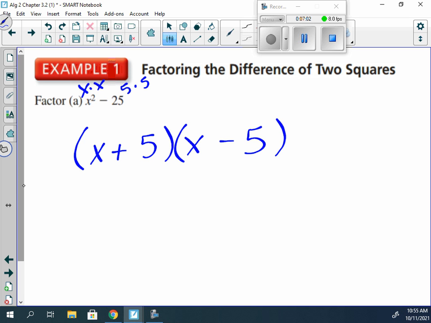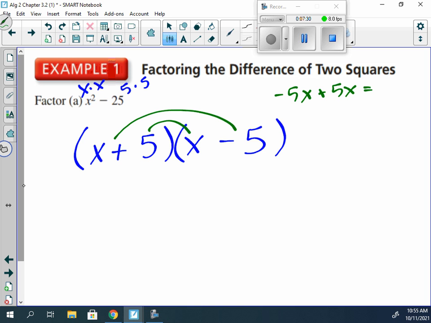And the reason they make this one special is because the terms in both of them are going to be the exact same. We're going to have x and 5, x and 5. Because x times x would give us x squared, and 5 times 5 would give us 25. Now, if we check the middle term, x times negative 5 would be negative 5x. 5 times x is plus 5x.